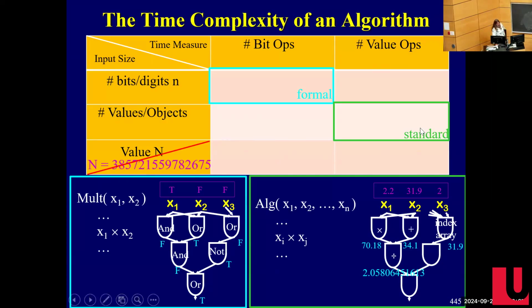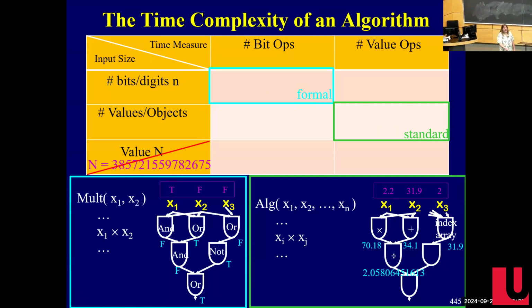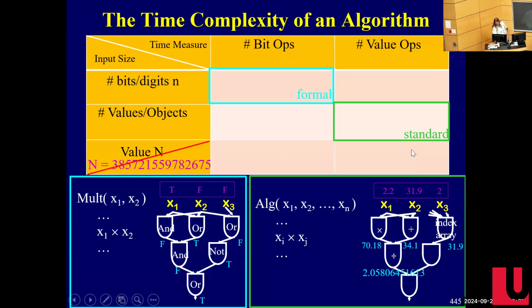So people are used to being over here, and when that doesn't work, they tend to come down here. And I'm telling you, don't ever go down there. Never consider the size of the input to be a value, and you'll be good. As long as you're not using things as values, whether you use this model or this model will be obvious. All right, everybody good?